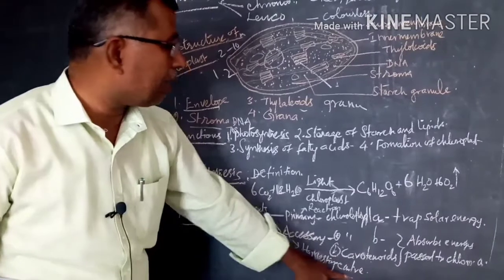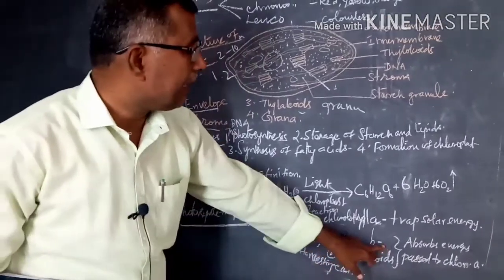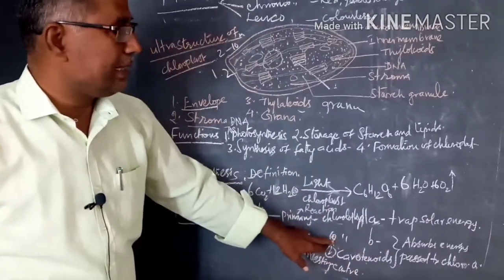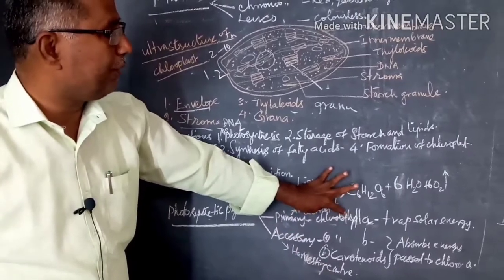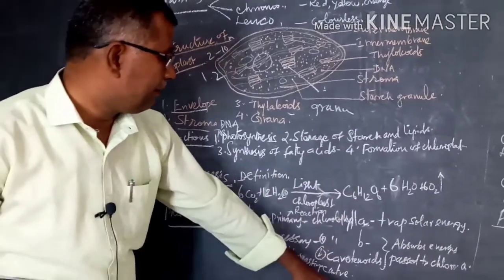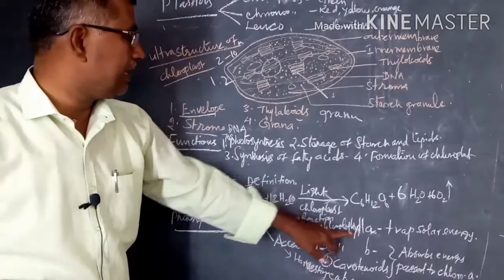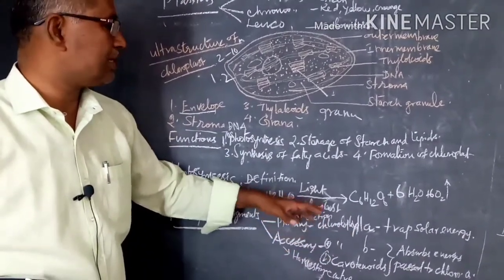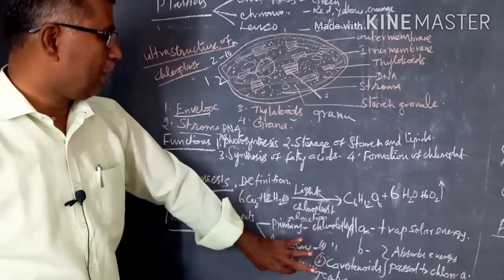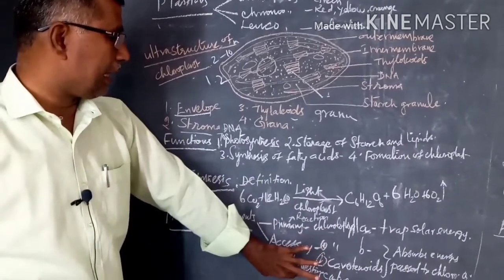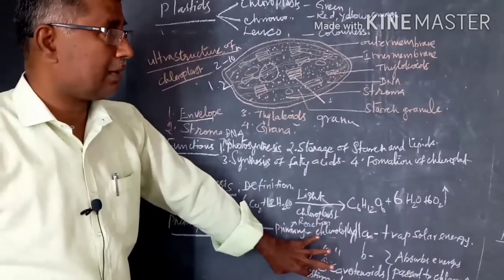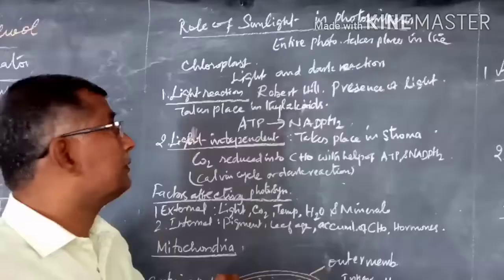These are known as the harvesting center because they absorb energy which is passed from chlorophyll A. Chlorophyll A, the reaction center, produces energy which is absorbed by chlorophyll B and carotenoids, so we call them the harvesting center.